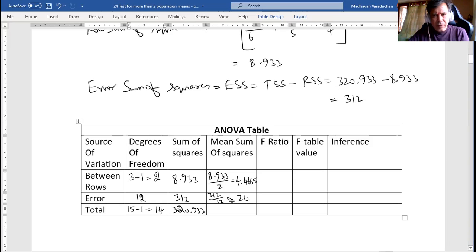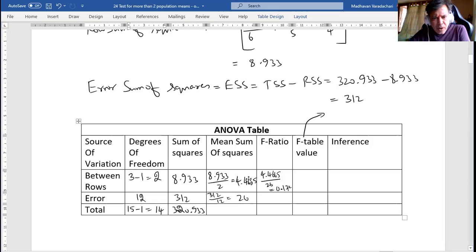So therefore, the F ratio will be this mean row sum of squares divided by mean error sum of squares. That ratio. So 4.4665 divided by 26. What is that? It is 0.172.